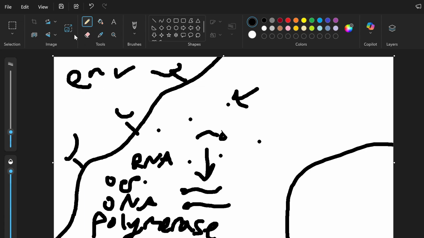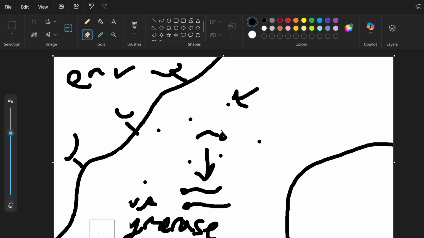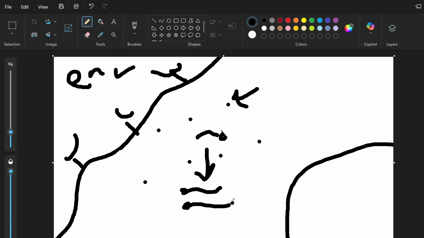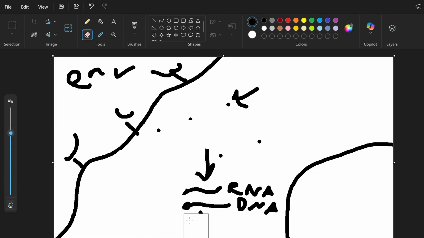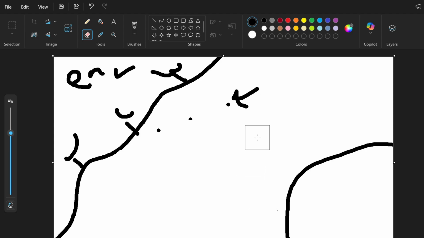Now another function of RNase, which is also in there, is that it can degrade this RNA. Here, I'll label this RNA and DNA. It degrades this so you're left with just DNA in here. Okay, perfect. So you have this viral DNA, or vDNA.